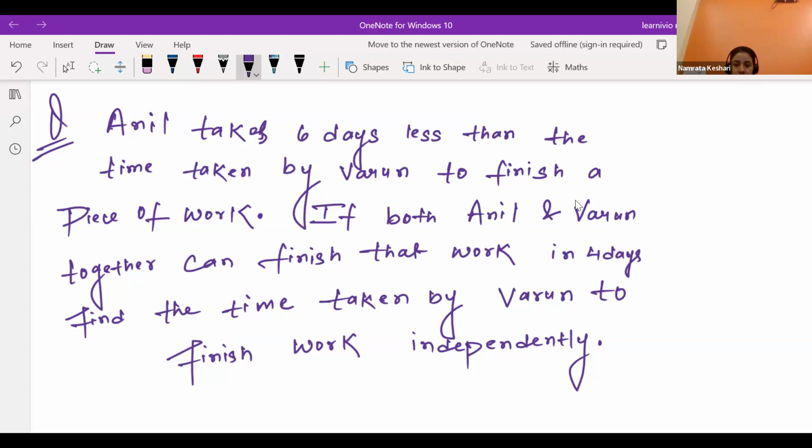Can you solve it? Yeah, let's do it. Okay. So here the question says that a person is there, Anil, takes 6 days less than time taken by Varun. Anyone else who has tried at least? I can see only 2 students are trying, Maha and Sana. And rest of the students, are you even there?